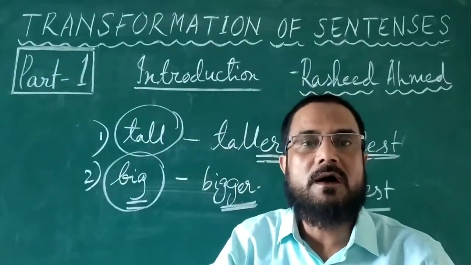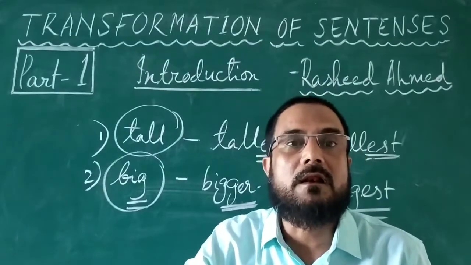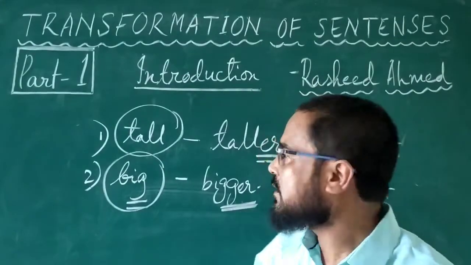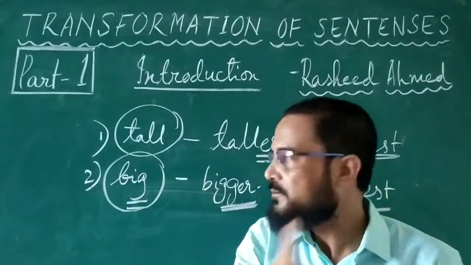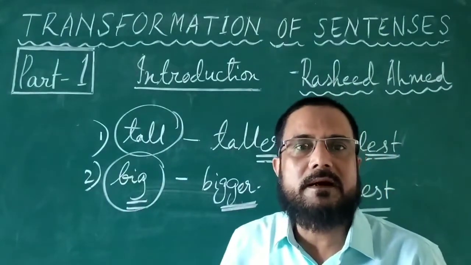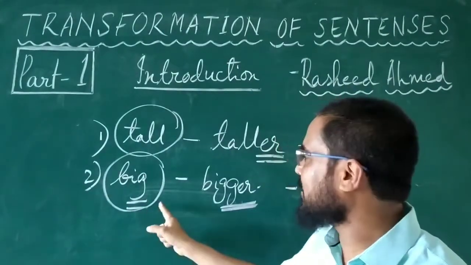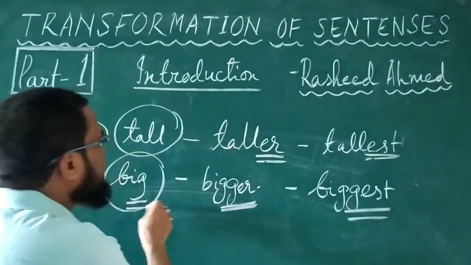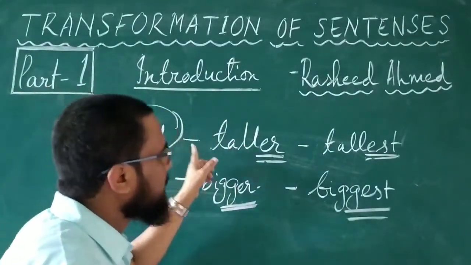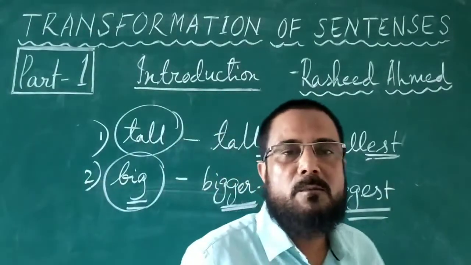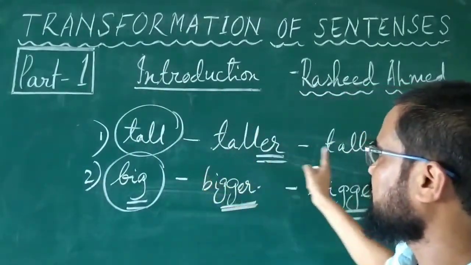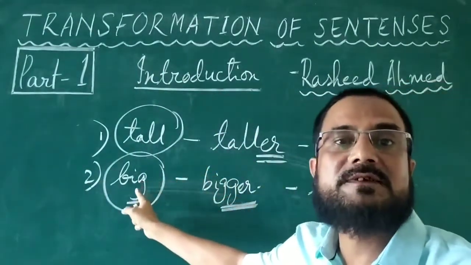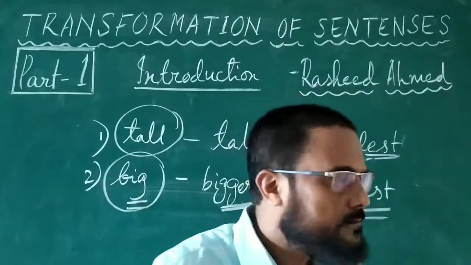You cannot say tall in two parts. Big, you cannot split it. Big, at one go you have to say. These are called monosyllabic words. One syllable is there, and this is how we change the adjective from positive to comparative to superlative if the adjective is a monosyllable. Fine?